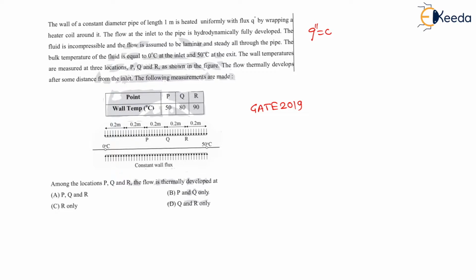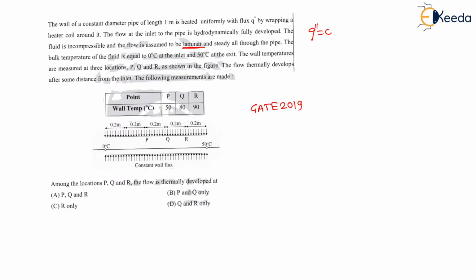Now, the flow at the inlet to the pipe is hydrodynamically fully developed. The fluid is incompressible and the flow is assumed to be laminar and steady all through the pipe. Now, my dear students, here the flow is laminar, right?